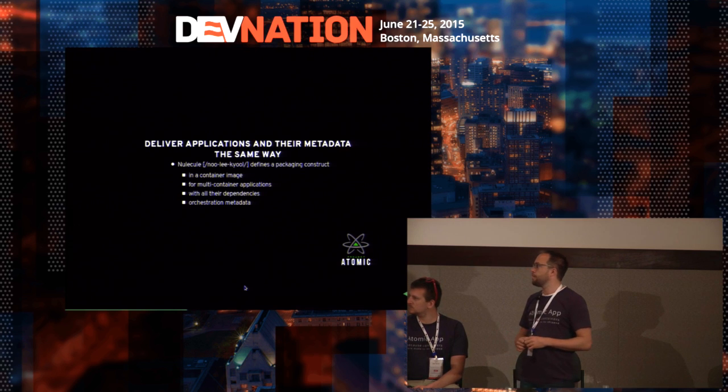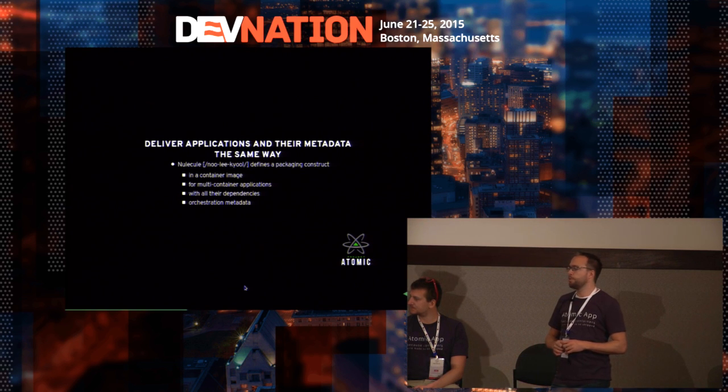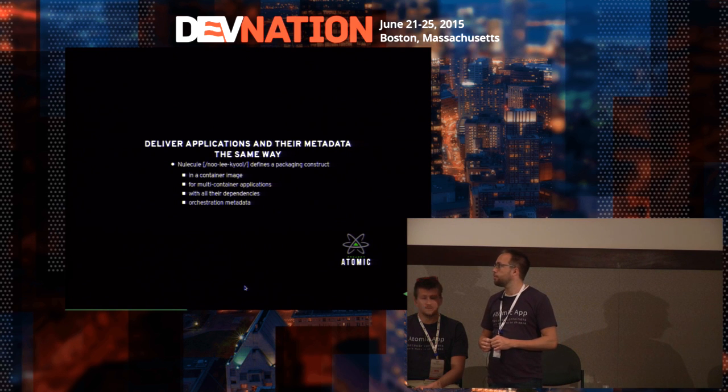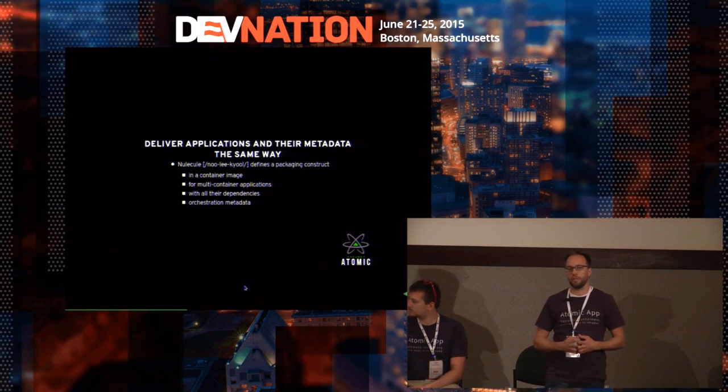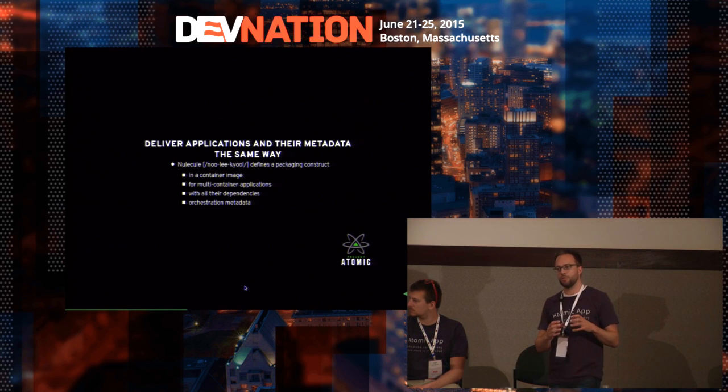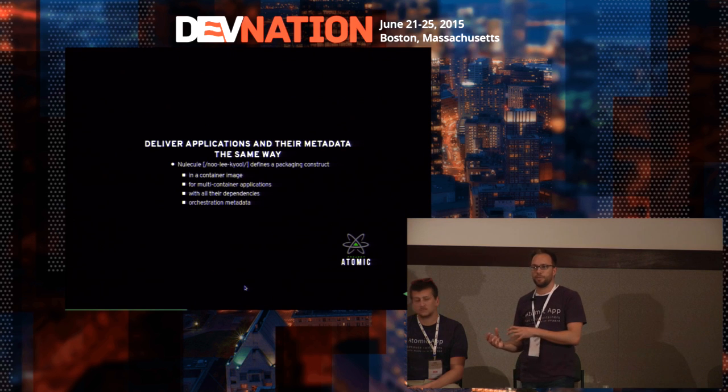So we wrap everything up in a single container, and we put some dependency information in that container, so that we know that the Pulp application is using a database, is using a messaging infrastructure, and maybe there's additionally a web server we need to use. We put all that dependency information into the Nulecule, or the Atomic App, and we have some orchestration metadata on how to run all these containers on Kubernetes, or on OpenShift v3.